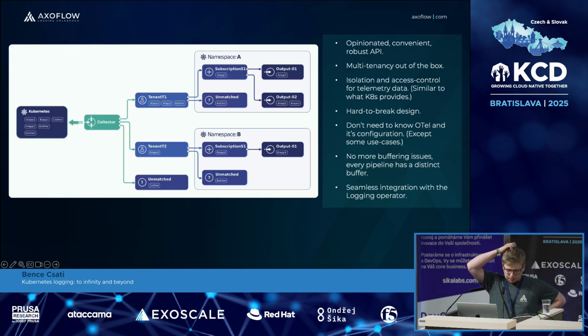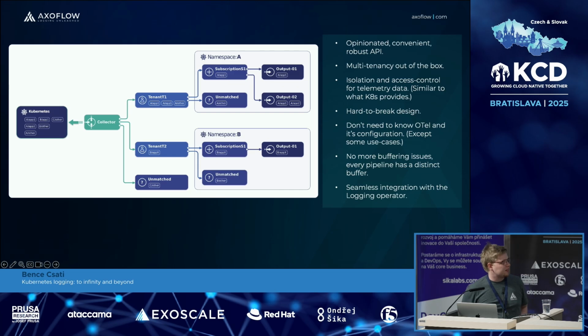And so we created it, and we like to tag it as an opinionated, convenient, robust API with multi-tenancy out of the box that can turn telemetry event streams, logs, metrics, traces into Kubernetes resources. It provides isolation and access control for telemetry data, similar to what you have with Kubernetes pods, secrets, and other resources.